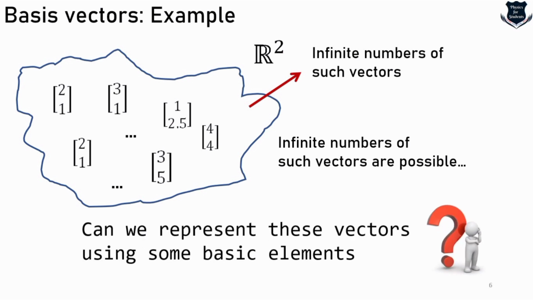The question is, can we represent these vectors using some basic elements? You see why we should use the basis of a vector space. From there we will culminate and come to the basis of a topology. So can we have some method where these vectors can be built from some basic elements?